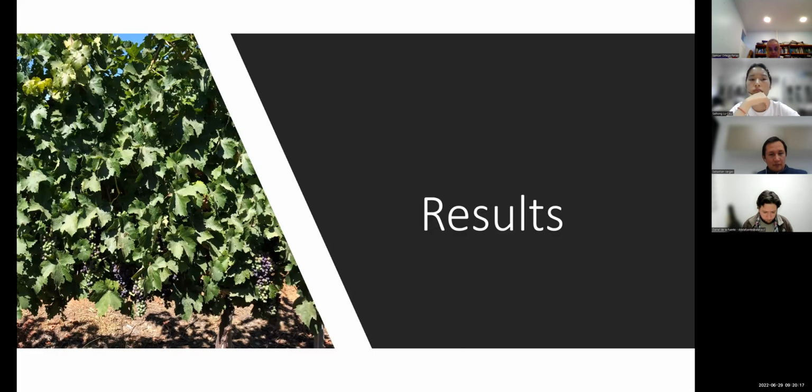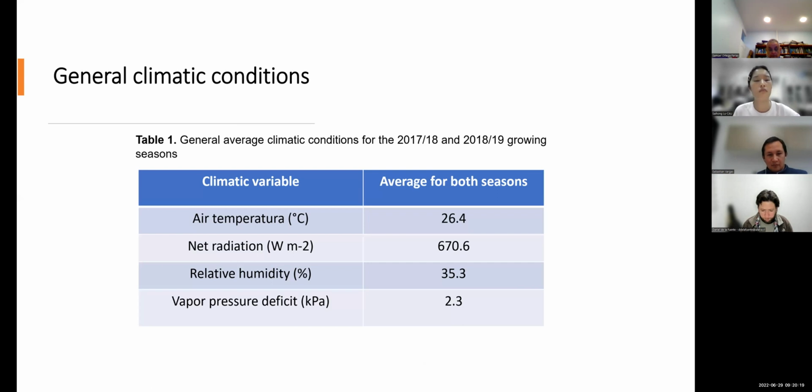And moving to the results, we first can say that the average climatic conditions for both seasons of study were fairly average, as I mentioned, in terms of air temperature, net radiation, relative humidity, and vapor pressure deficit.